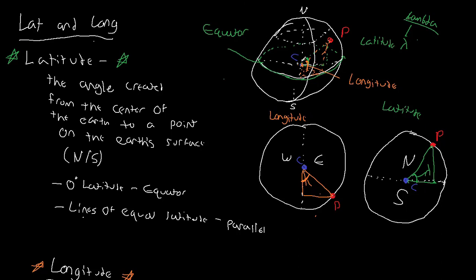And now typically with longitude, what you will often see it described using is the term phi, which looks like this, or sometimes you will see it referred to as lambda.